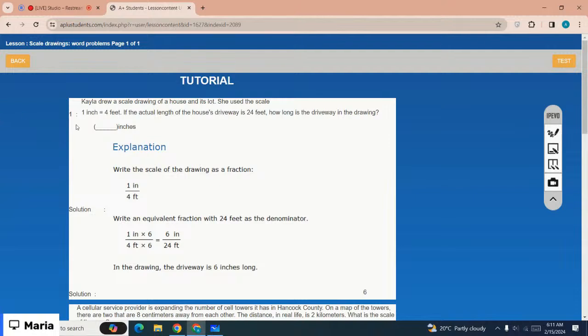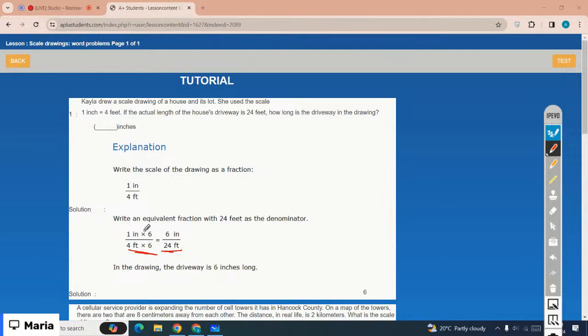The scale used is 1 inch equals 4 feet, so the scale is 1 inch to 4 feet. You are given the driveway is 24. So 6 times what number is 24? 6 times 4 is 24. That means you need to multiply the numerator by 6 also. So the driveway is 6 inches long. The correct option is 6 inches long.